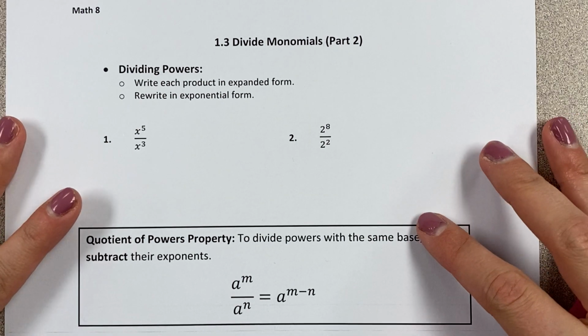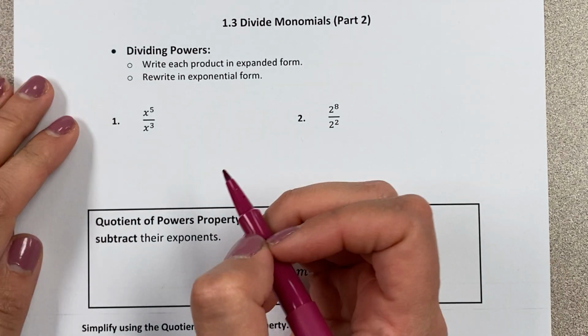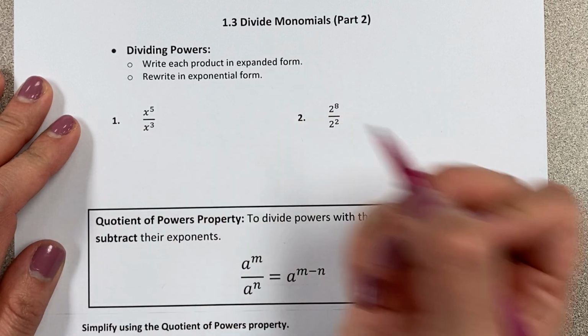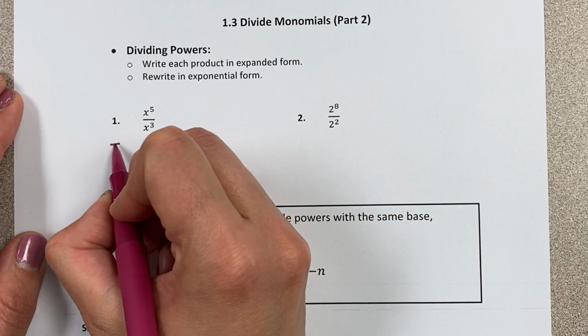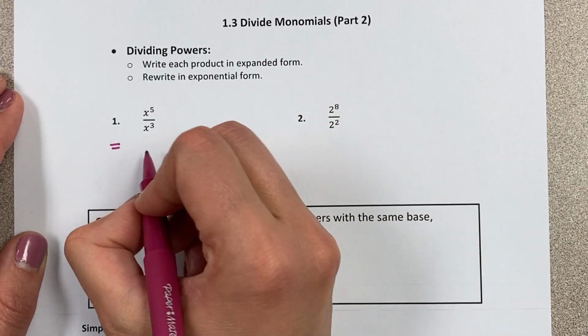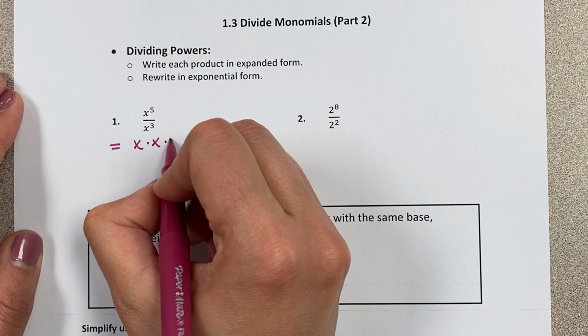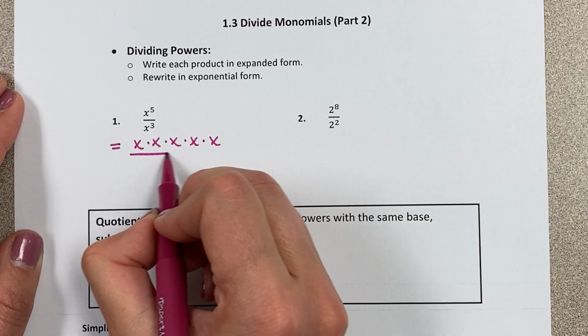So I'm just gonna show you what this looks like if we were to write it in expanded form and then rewrite it in exponential form. So this is x to the fifth divided by x to the third. So I'm gonna rewrite these in expanded form. So that means I'm gonna write x, multiplying it out 5 times. Okay, that's on top.